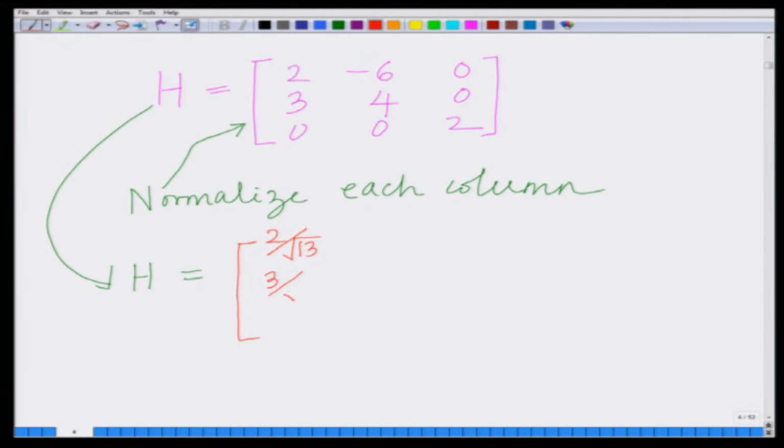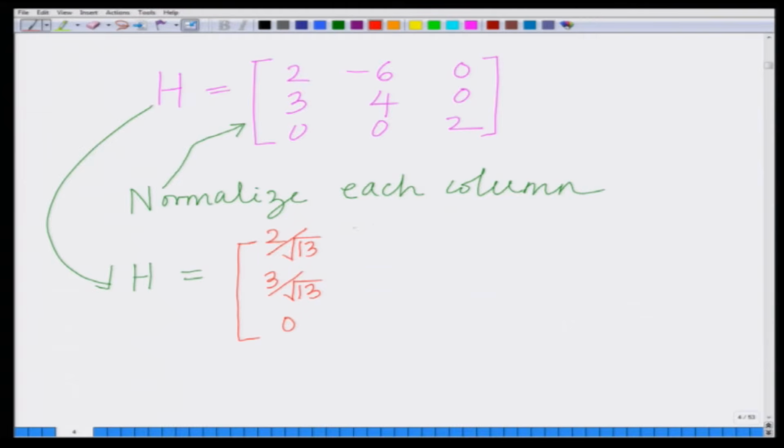So, I have 2 divided by square root of 13, 3 divided by square root of 13, 0 divided by square root of 13, which is 0. Similarly, the second column is minus 6, 4, 0. The norm of this second column is square root of 6 square plus 4 square plus 0 square, that is square root of 36 plus 16, that is square root of 52.